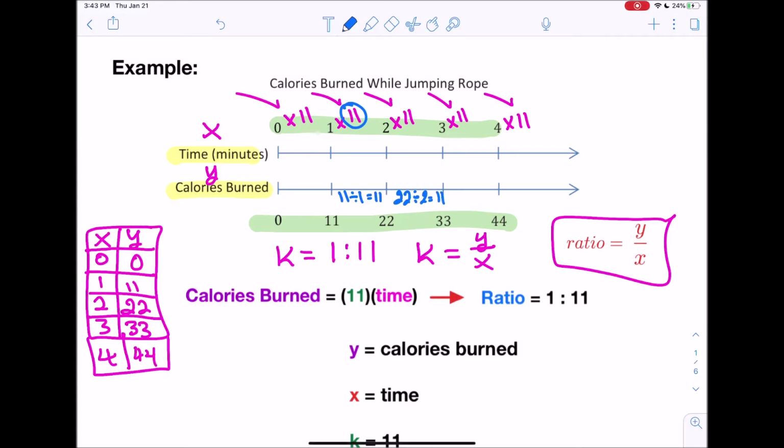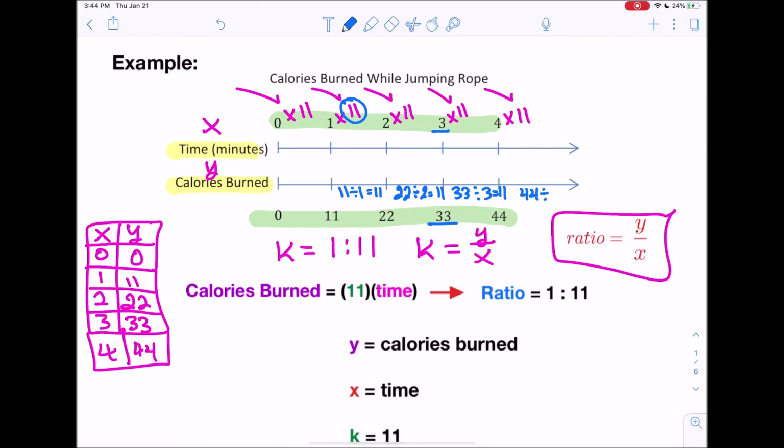Now remember, if the x and the y are proportional and there is a unit rate, that means when we divide y by x, we should always get the unit rate of 11. So let's try it for 3 and 4. 33 divided by 3. Remember, I'm just taking the y and dividing by the x. That equals 11. Yep, that works. And 44 divided by 4 also equals 11.